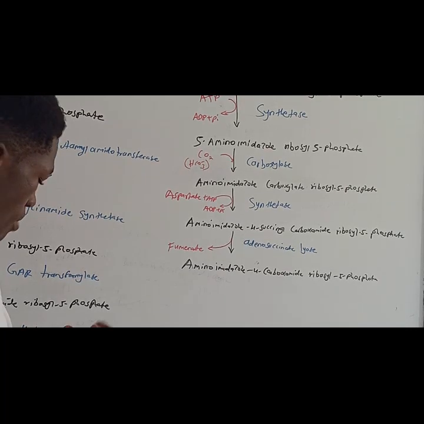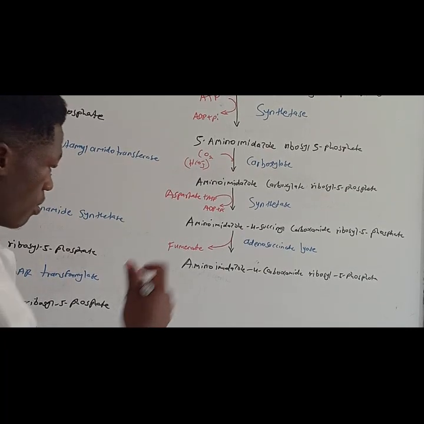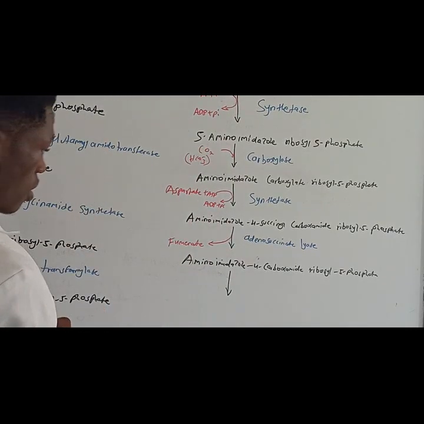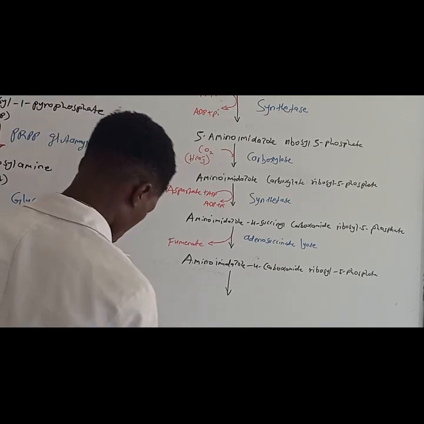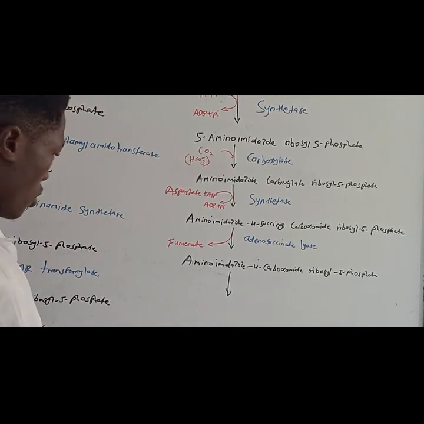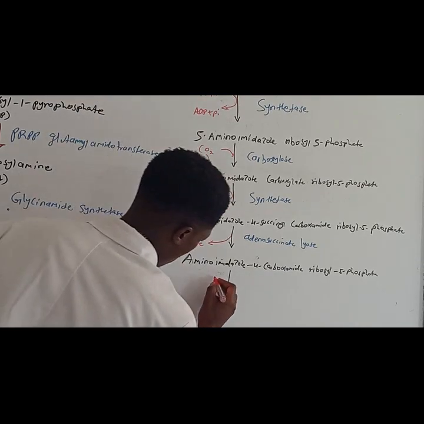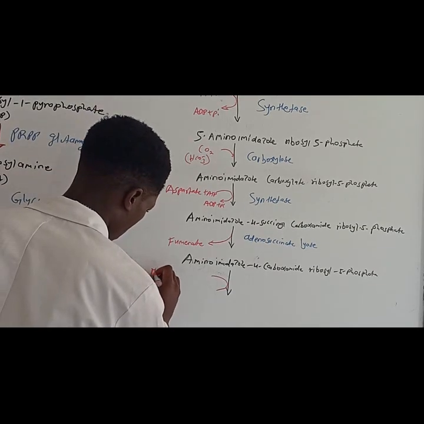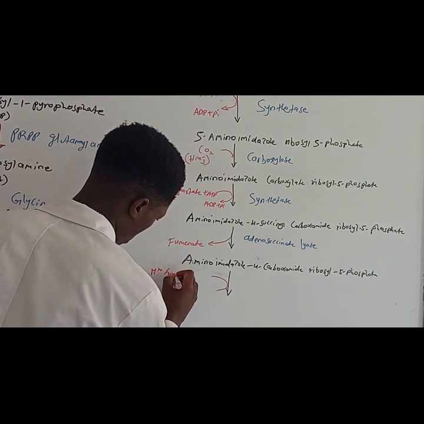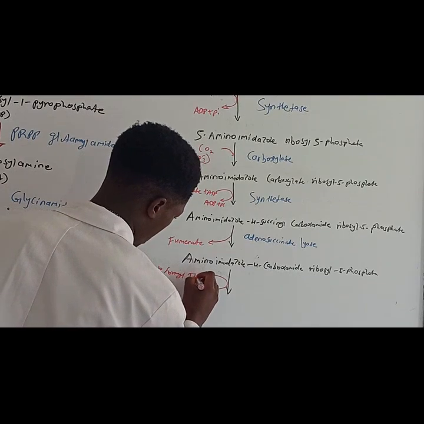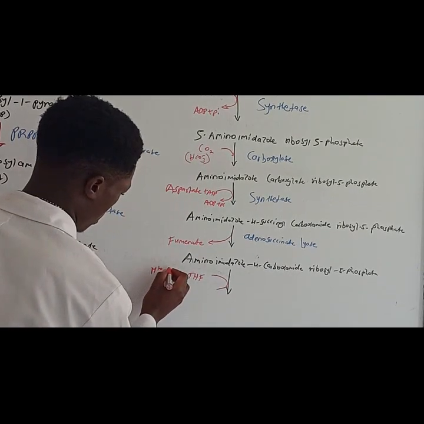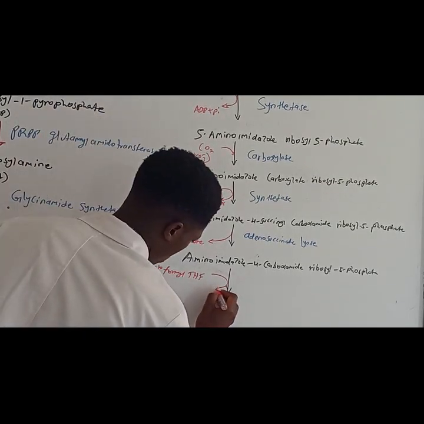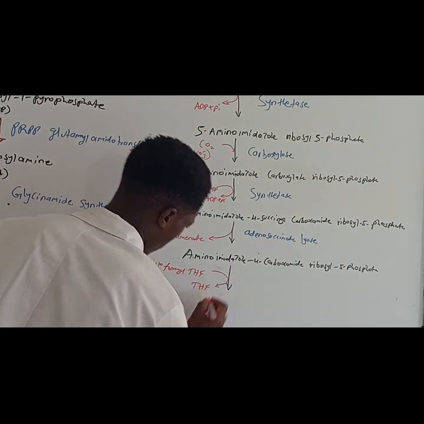Then, moving down, we are going to convert this into a new molecule. It's going to involve the addition of a formyl group, and the formyl group you obtain from the N10 formyl tetrahydrofolate. We are going to release the tetrahydrofolate.